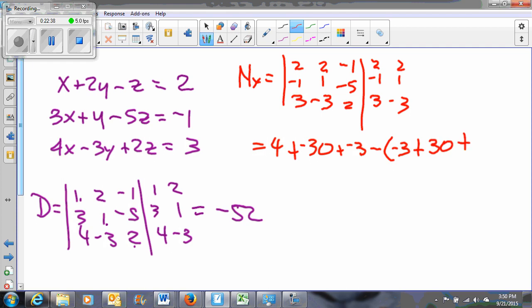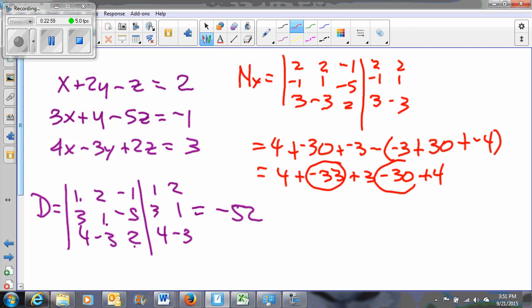Plus 2 times negative 1 times 2, that's negative 4. Okay, so we get 4 plus negative 33 plus 3 minus 30 plus 4. Well, if I group these two together, I'm going to get negative 66, and if I group these together, I get positive 11, and that gives me negative 55.